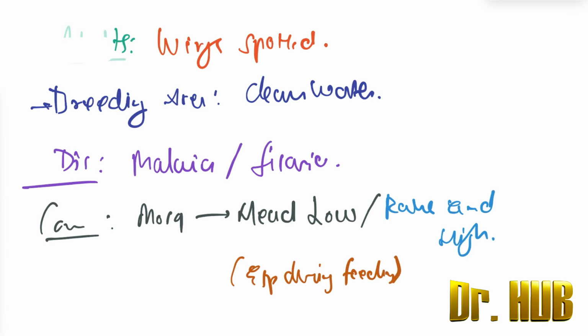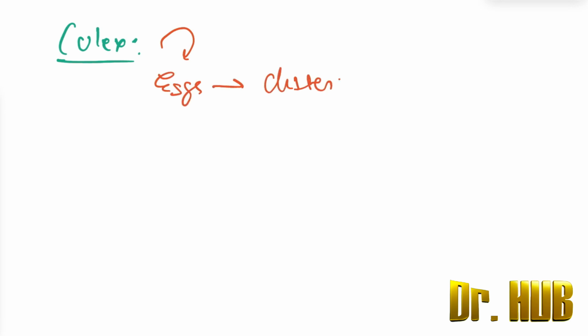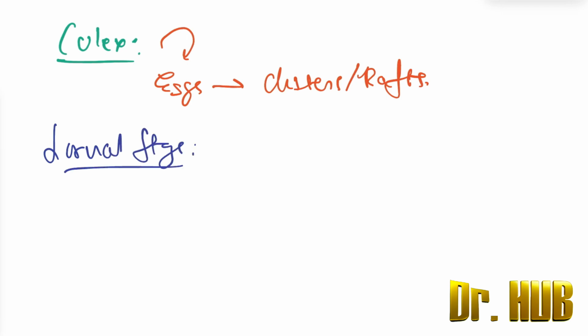Then we move on to Culex. As per Culex, the eggs are laid in clusters or in rafts. In the larval stage, it has a siphon tube.